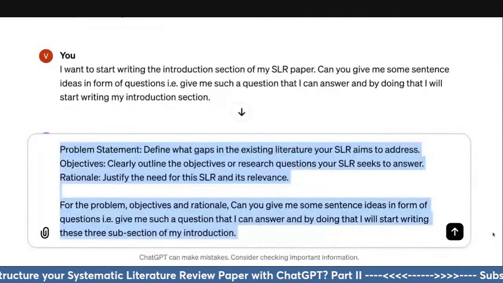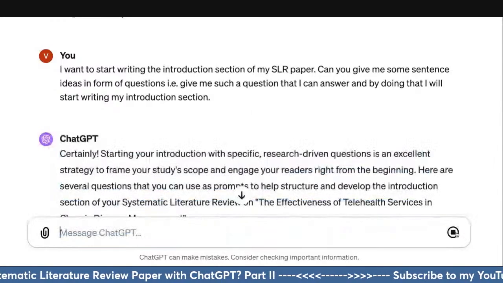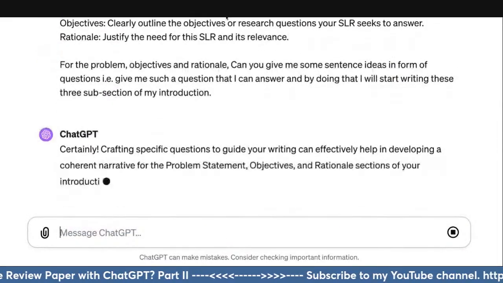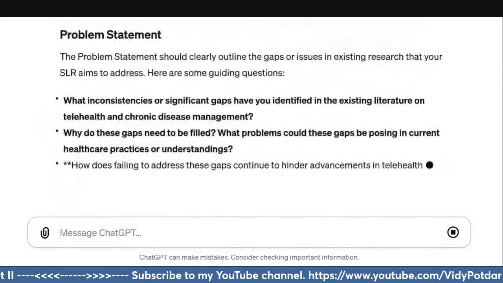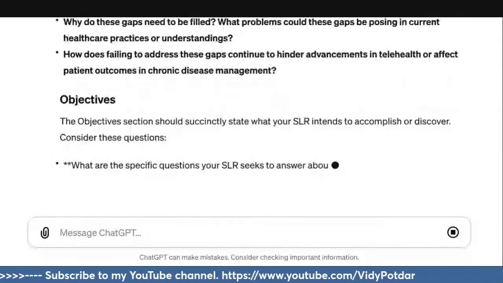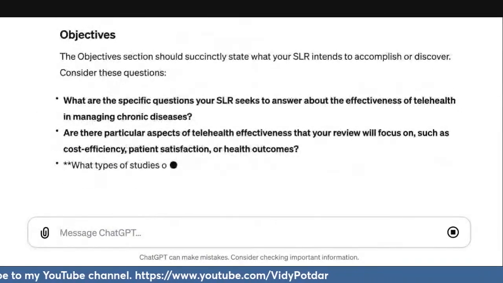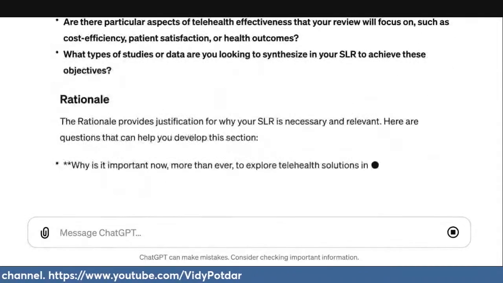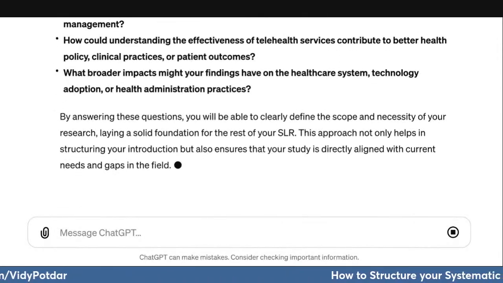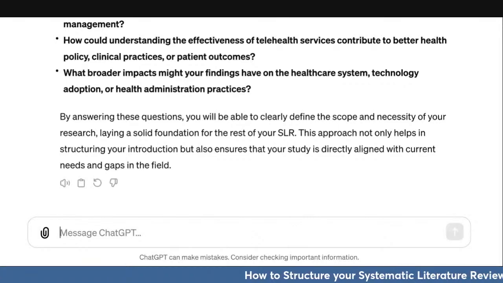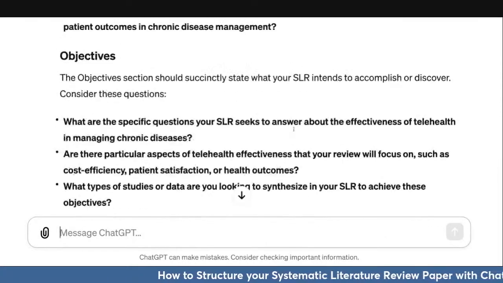Let's run this. So let's see what it has given.